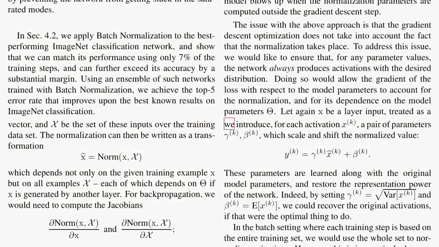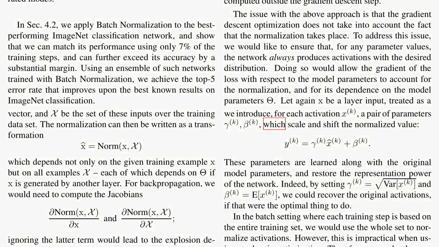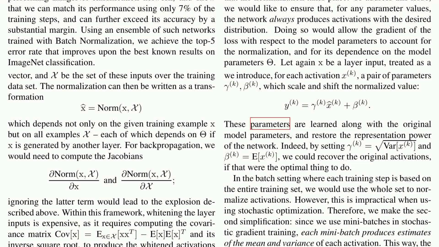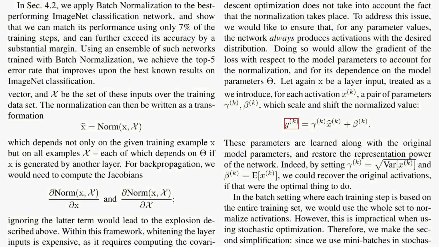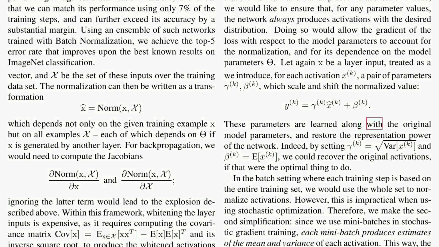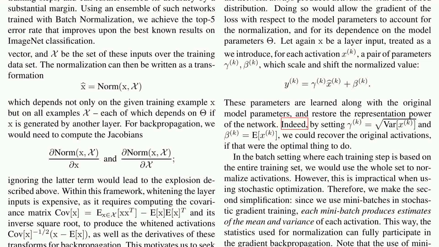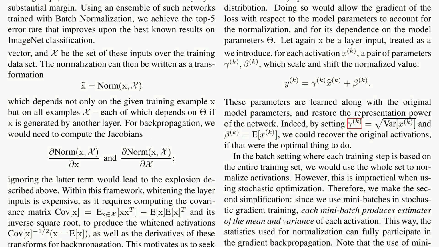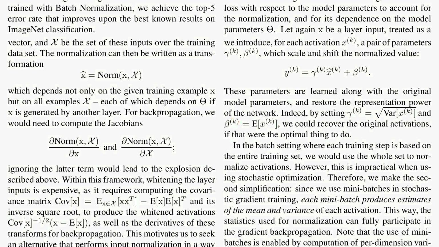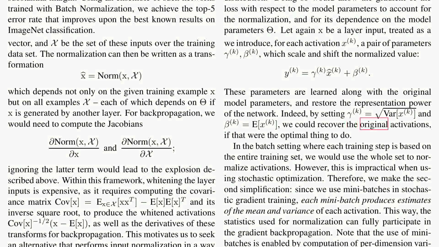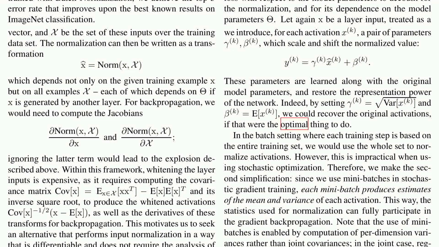To accomplish this, we introduce for each activation x^(k) a pair of parameters γ^(k), β^(k), which scale and shift the normalized value: y^(k) = γ^(k) x̂^(k) + β^(k). These parameters are learned along with the original model parameters and restore the representation power of the network. Indeed, by setting γ^(k) = √Var[x^(k)] and β^(k) = E[x^(k)], we could recover the original activations, if that were the optimal thing to do.